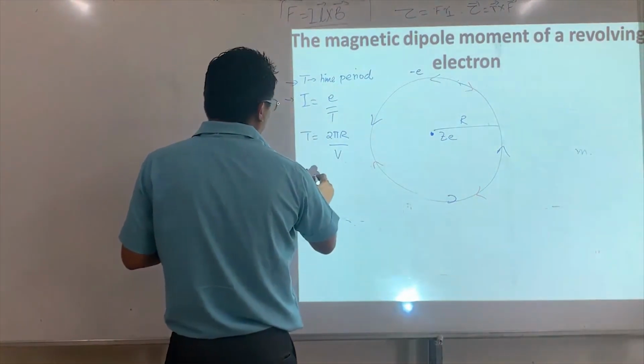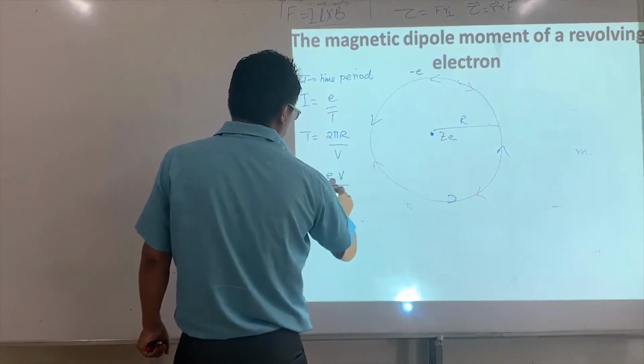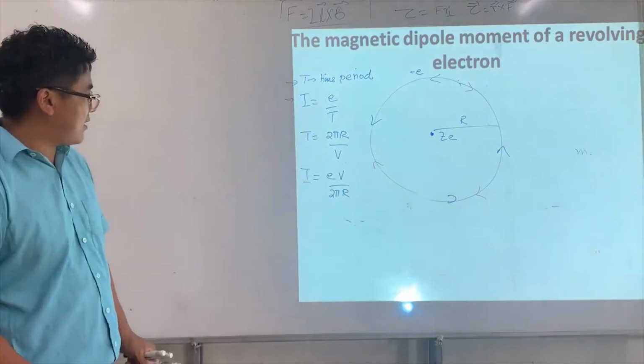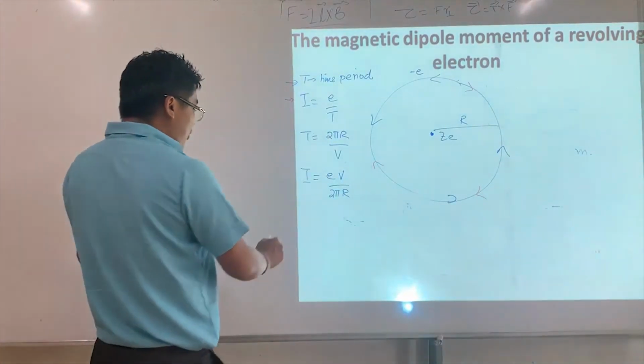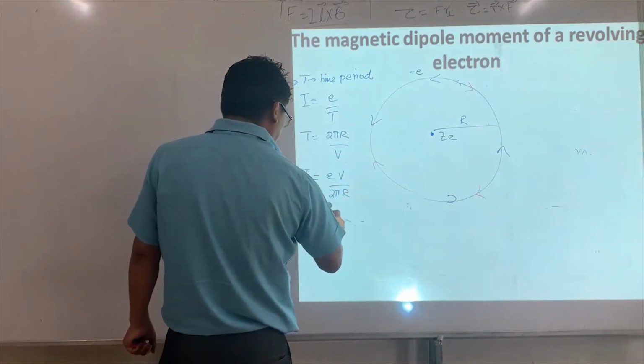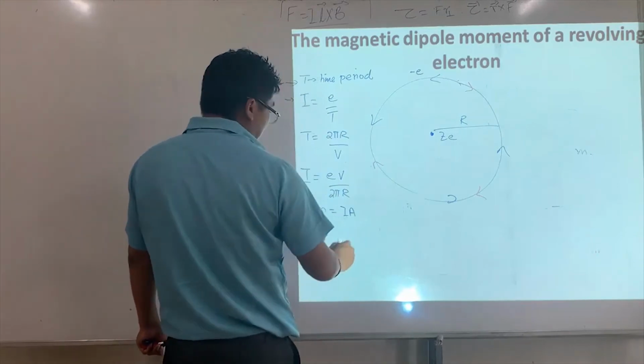So therefore, current would be equal to, I substitute this, e v divided by 2 pi r, where r is the radius. Now what I'm going to do is, what about magnetic moment? Magnetic moment is equal to I A. What is I A?